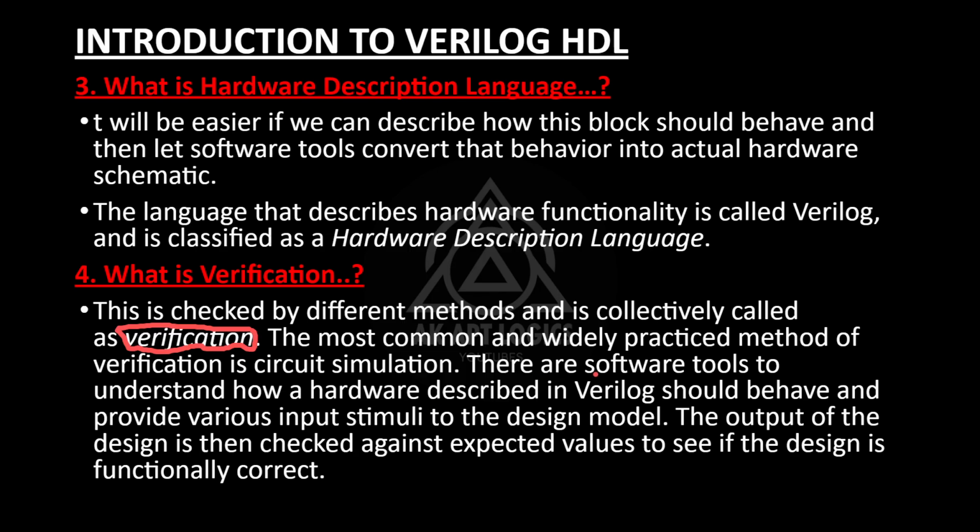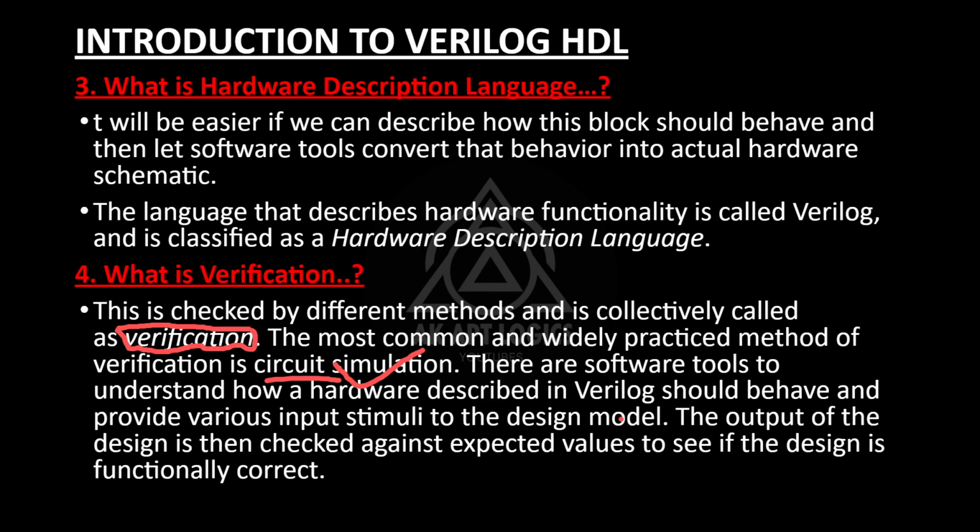The most common, widely practiced method of verification is circuit simulation. We simulate circuits in some labs like the EDC lab, and similarly in the Verilog lab. But here we are not going to simulate the circuit, we are going to simulate the design code, right?